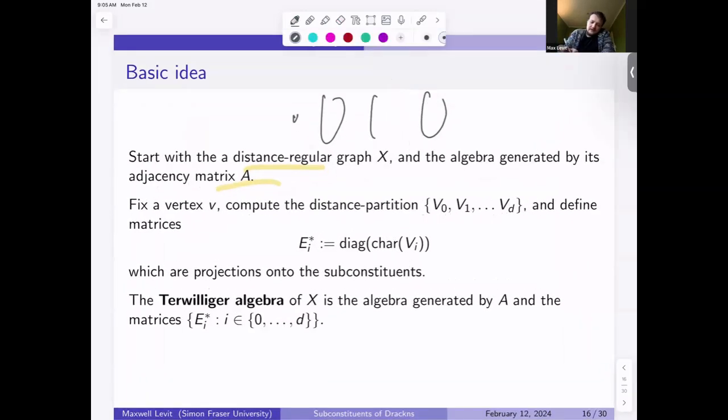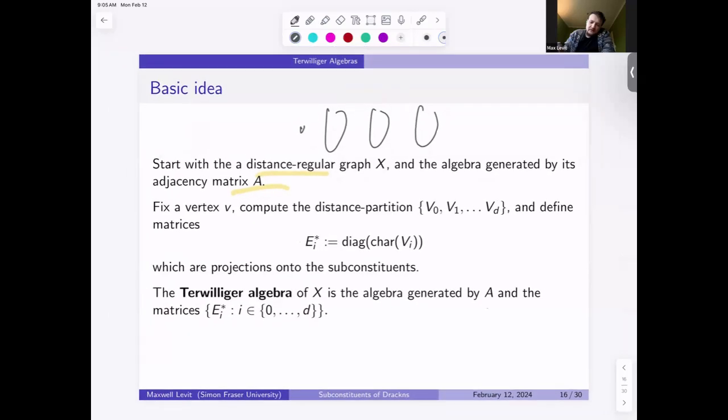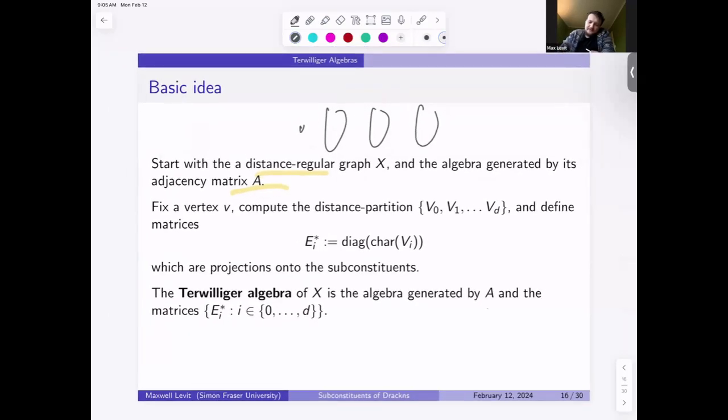I've got all these different pieces. And so I'm introducing these EI, which are projections onto these parts. And that's chopping up my algebra into these smaller pieces. And you could study that algebra. This is what Terwilliger defined.